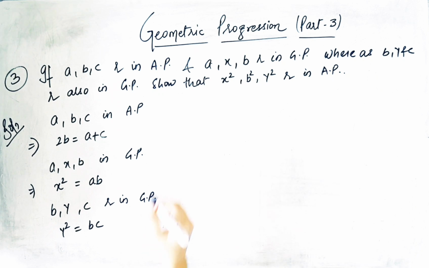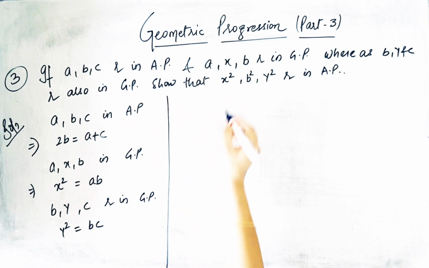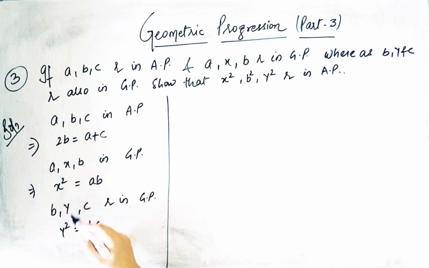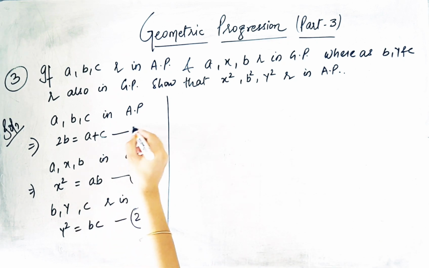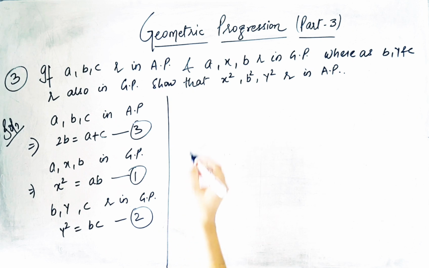Now we have to show that X square, B square and Y square are in AP. So we'll take out the value of A from the first equation, and from the second we'll find the value of C, and then we'll put these values in the third equation.